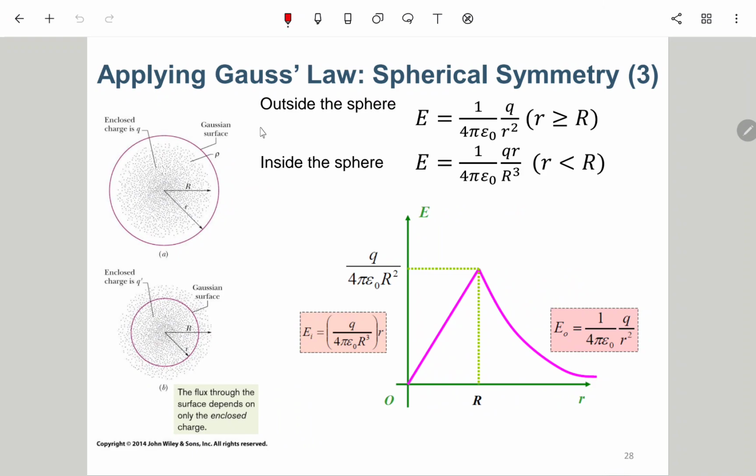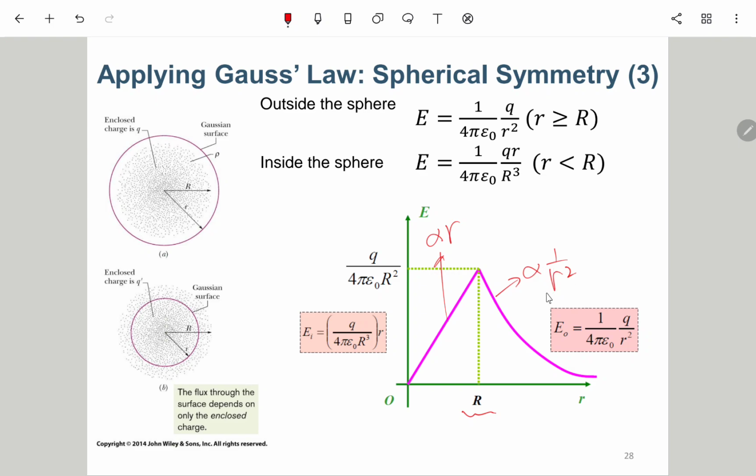If we plot the E field according to the distance, when r is smaller than capital R, it is proportional to small r, and after r is larger than capital R, it is inversely proportional to r squared.